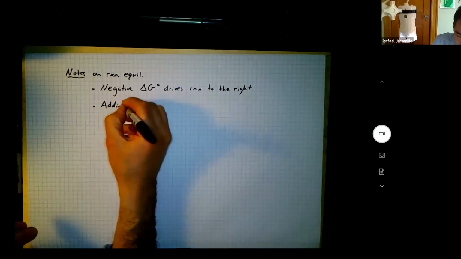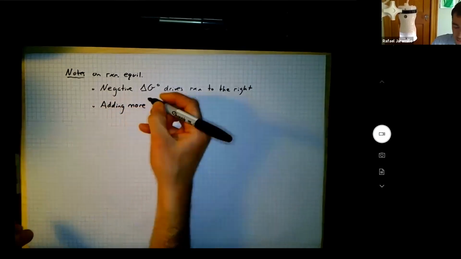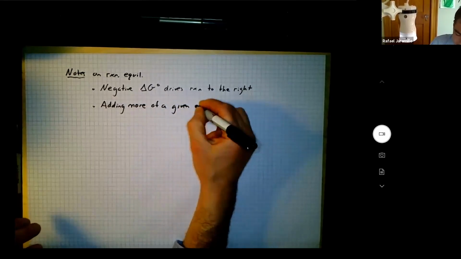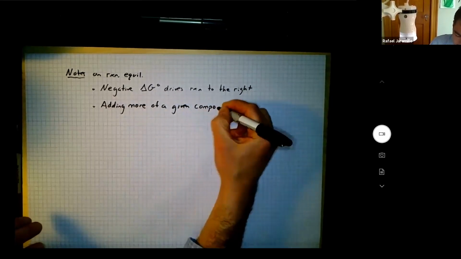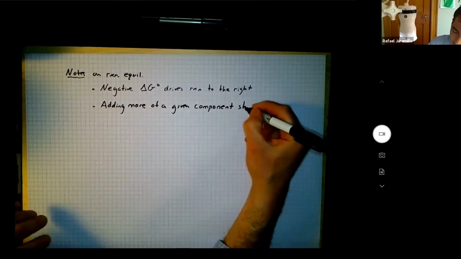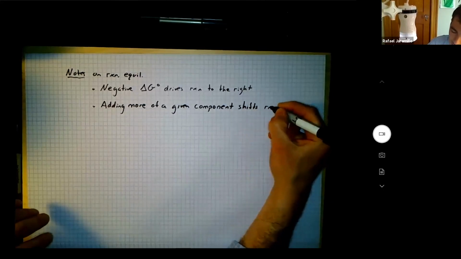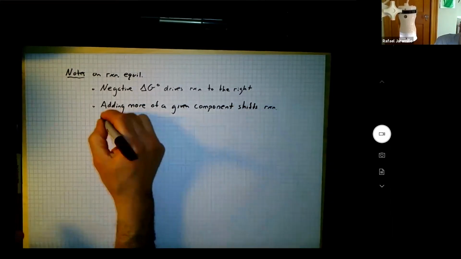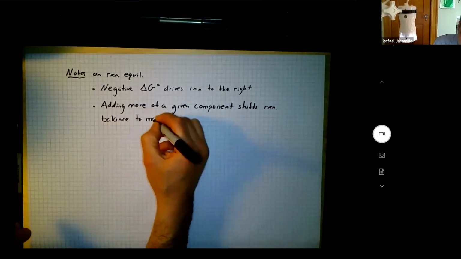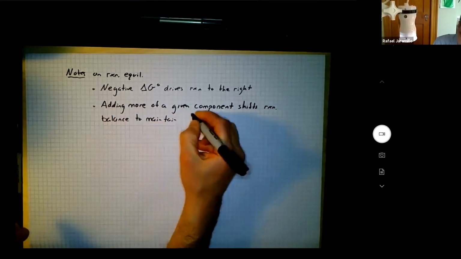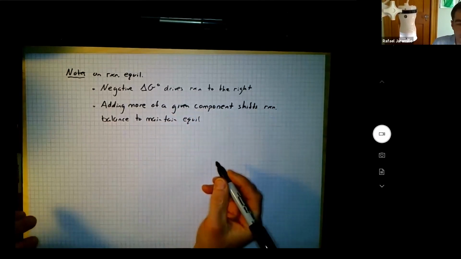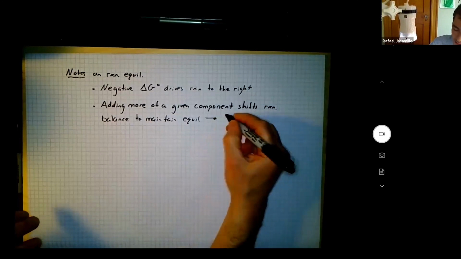Adding more of a given component shifts reaction balance. It shifts the reaction balance to maintain equilibrium. That's LeChatelier again.